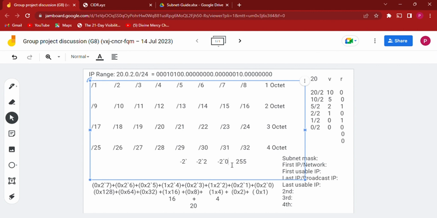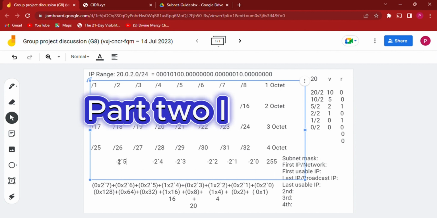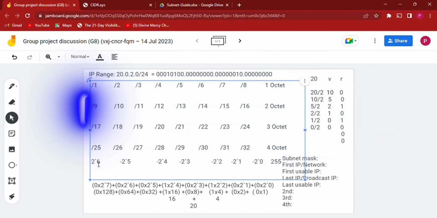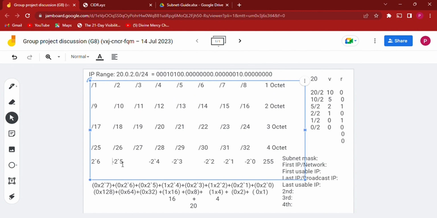So minus 2 raised to the power 0 over here, 2 raised to the power 1, 2 raised to the power 2. Whatever you are counting, you have to start from 0 when you are converting. Let me just type everything: minus 2 raised to the power 3, minus 2 raised to the power 4, minus 2 raised to the power 5, minus 2 raised to the power 6. Okay, so these are all the vertical lines that we have.